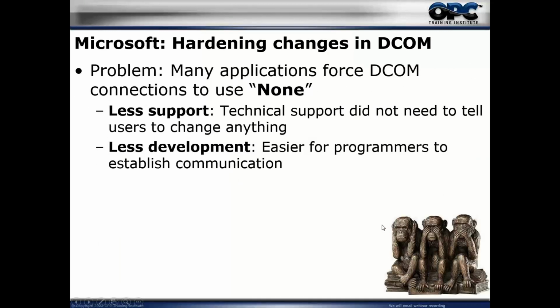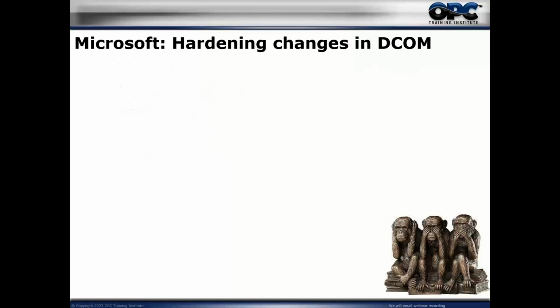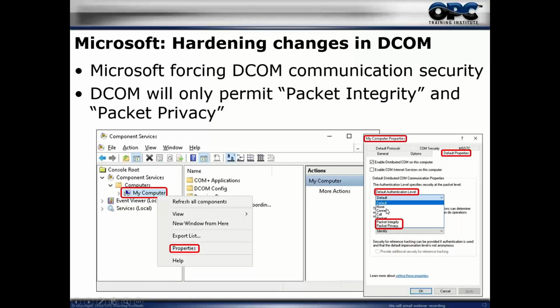So what's happening is this, and this is the main problem. Way back when programmers developed their applications, they programmatically forced DCOM to use none. So again, if you're looking here, many people chose none, and I'll show you why. They chose none, but programmatically.